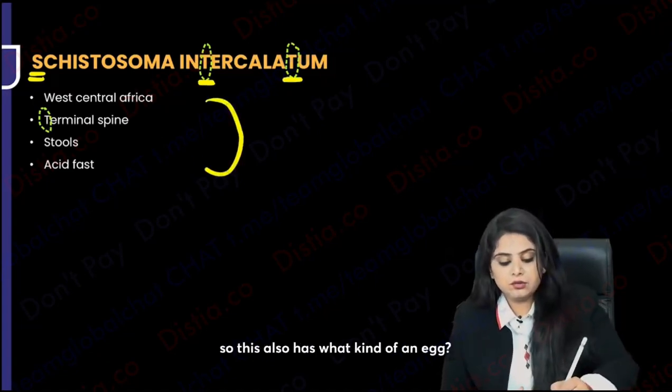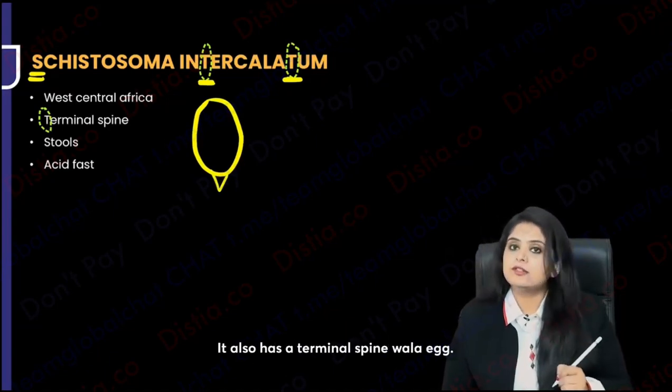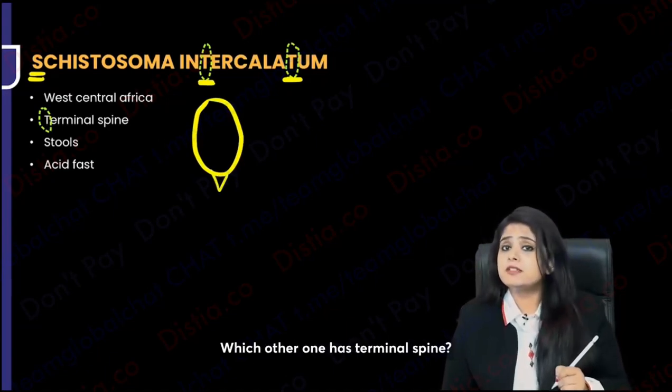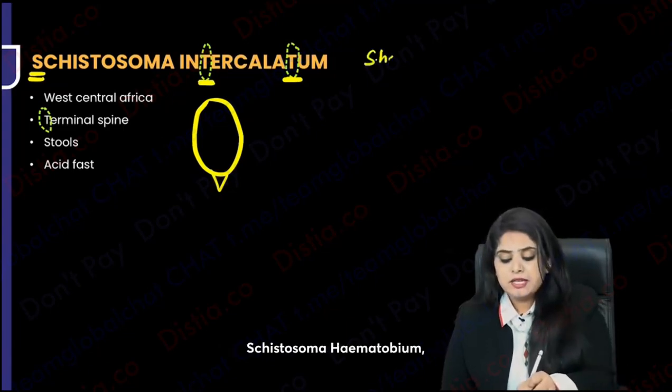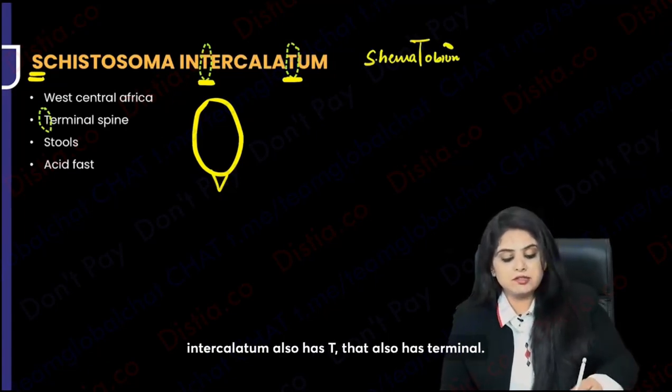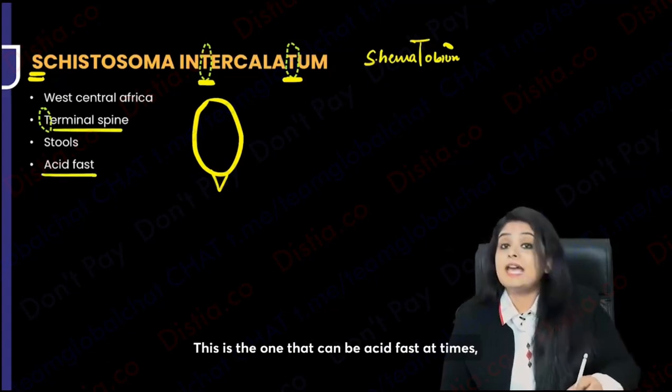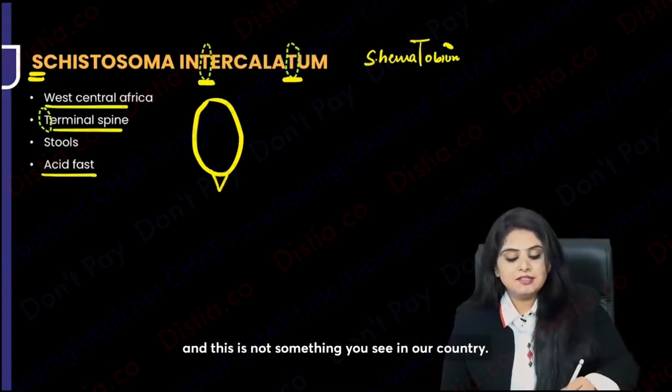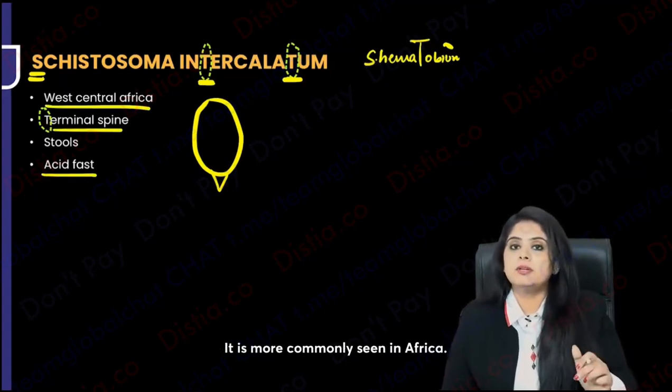So what kind of an egg does it have? It also has a terminal spine egg. Which other one had terminal spine? Schistosoma hematobium, that also had a T, terminal. Intercalatum also has T, terminal. This is the one that can be acid fast at times, and this is not something we see in our country. It is more commonly seen in Africa.